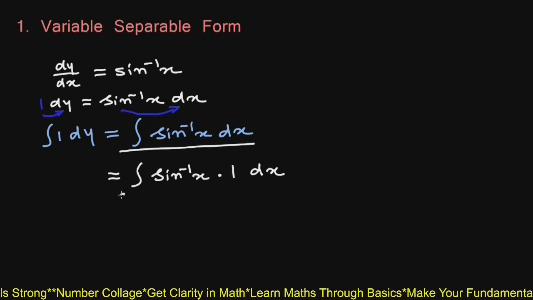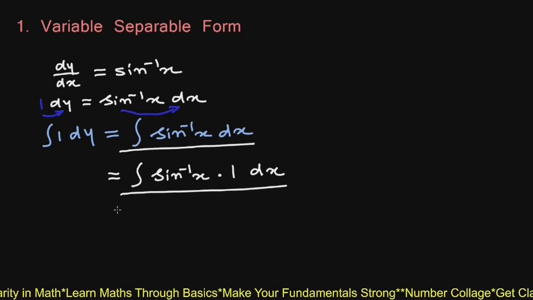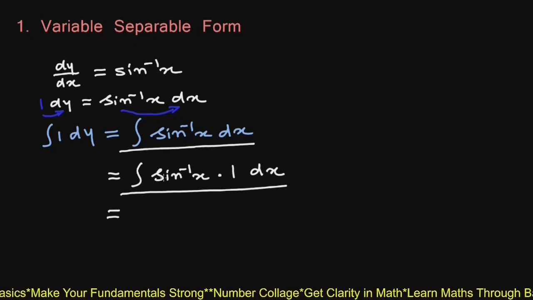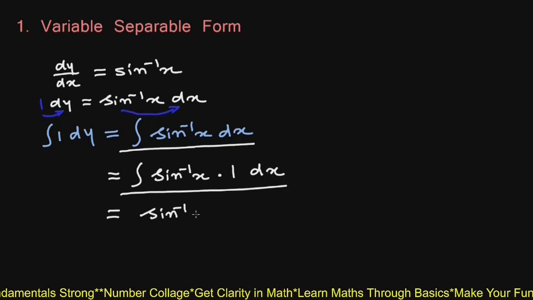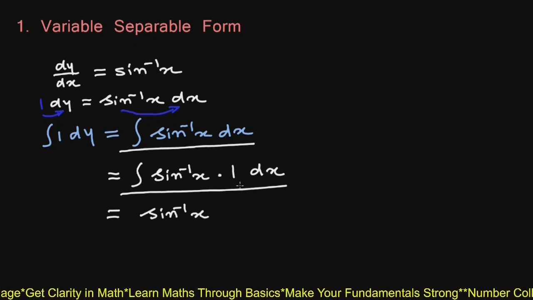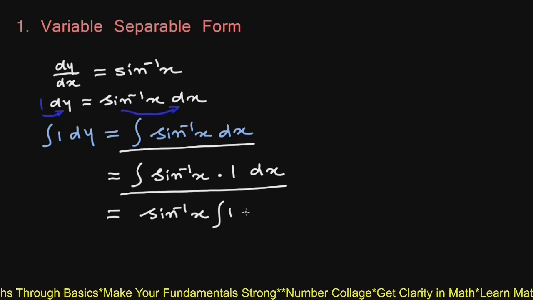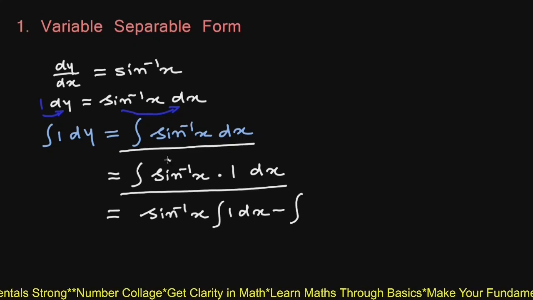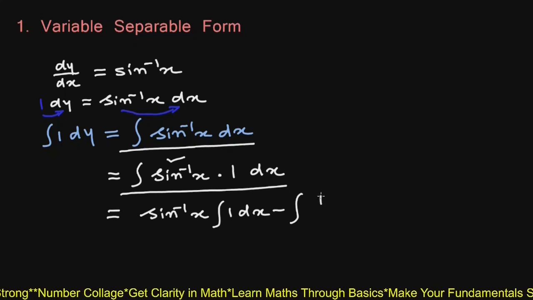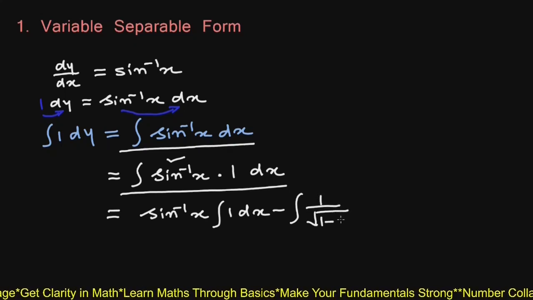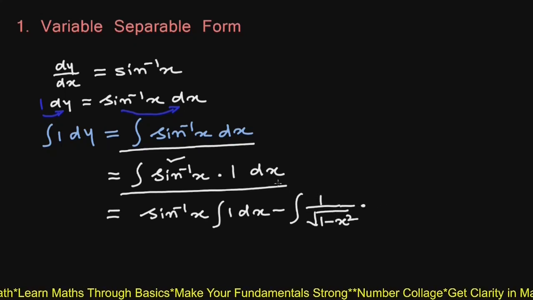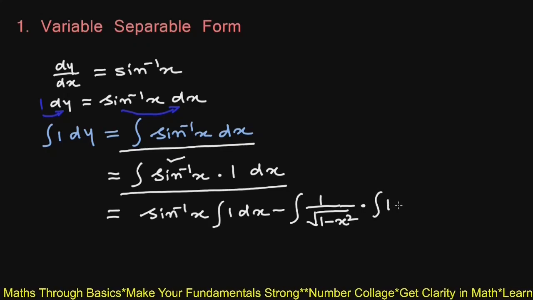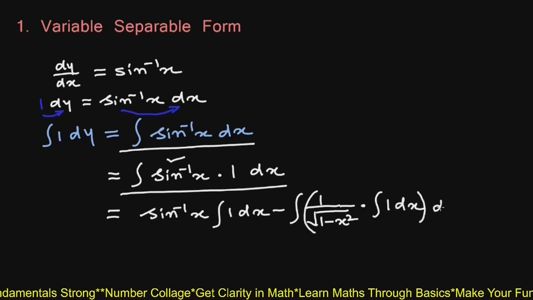Now we can integrate this integral by the method of integration by parts, which is first function sin inverse x into integral of second, integral 1 dx, minus integral of derivative of first, means derivative of sin inverse x, 1 upon square root 1 minus x square, into integral of second, that is integral of 1 dx, whole with respect to x.